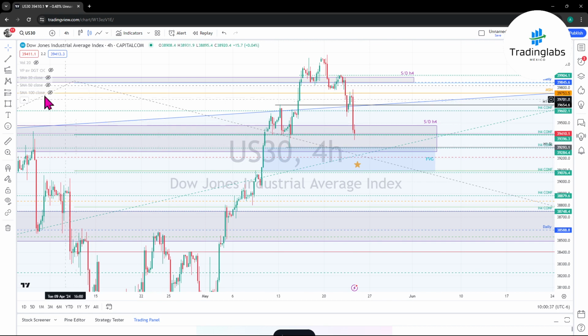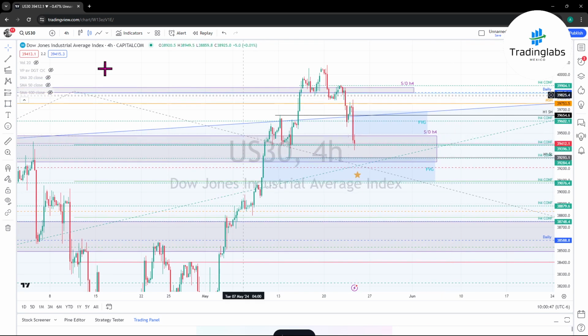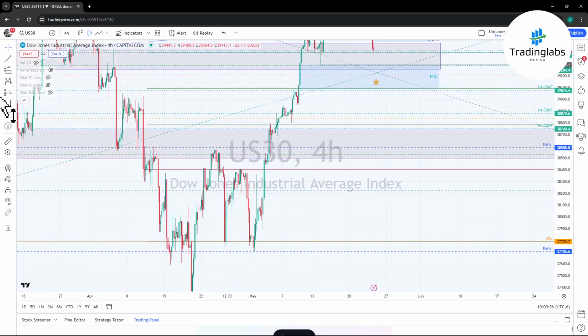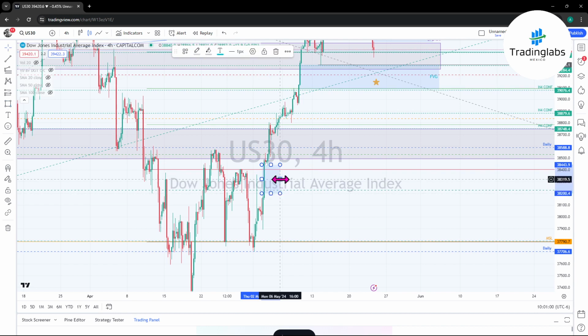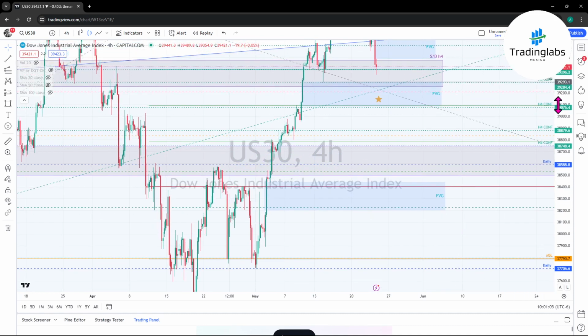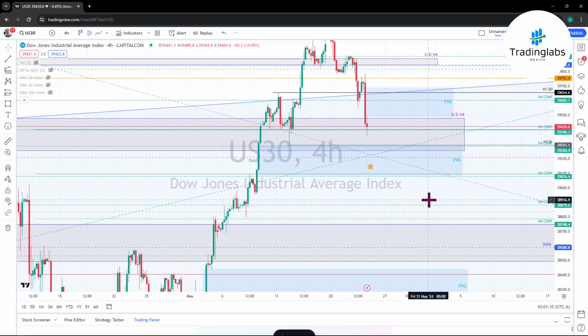In the drop down, it leaves behind a fair value gap that it needs to fill in time. Sometime in the future the market needs to fill that imbalance. We don't know when.